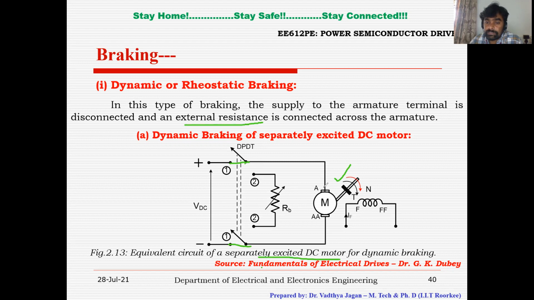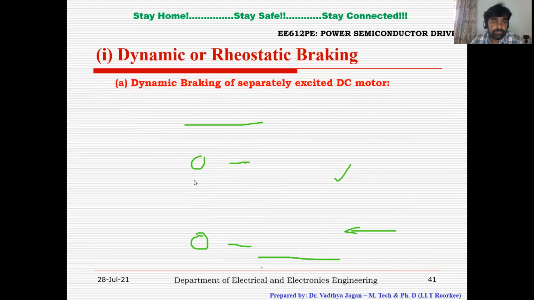The armature is connected to VDC with plus and minus polarity, and the field winding is connected to a different source, right? This machine has some internal resistance, and it also has internal inductance, right? So we'll see the equivalent circuit when the switch is connected to position number 1.